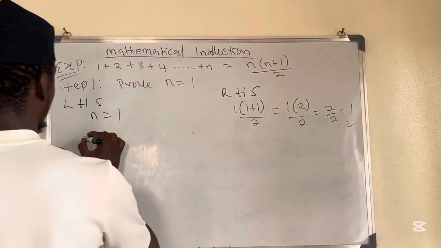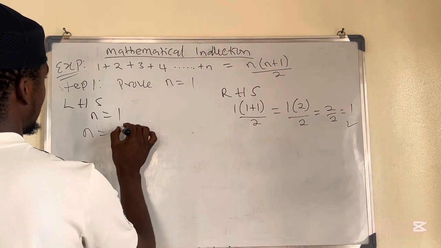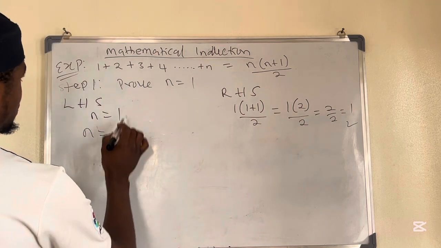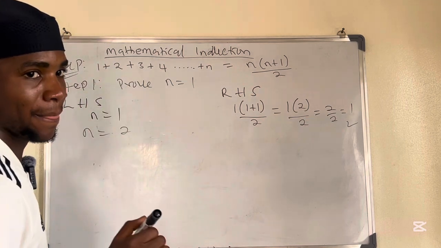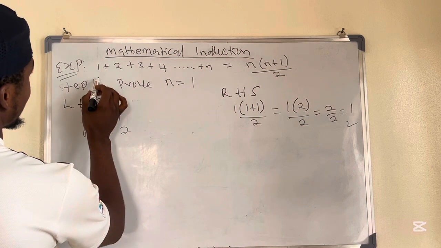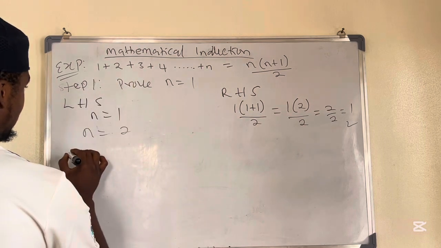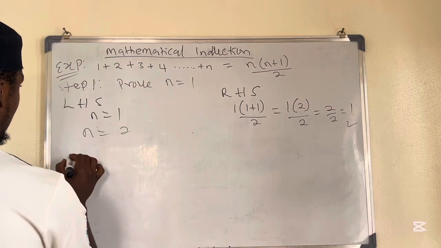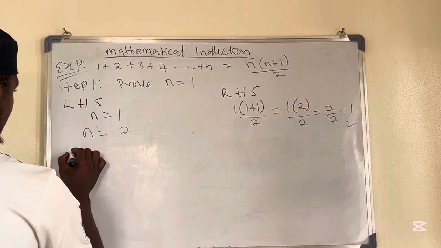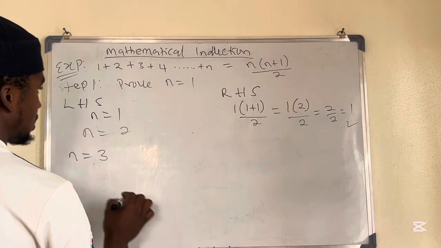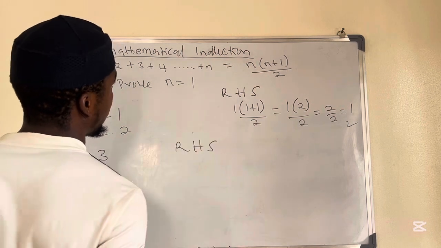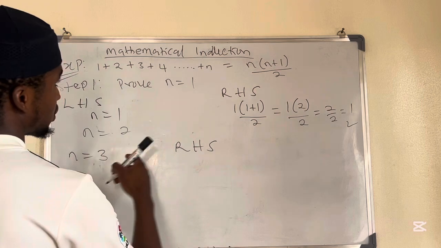So we're going for n equal to 2. For the left hand side, n equals 2 is the second term, so we have the first term plus the second term, 1 plus 2, which is 3. For the right hand side, we substitute n equals 2.